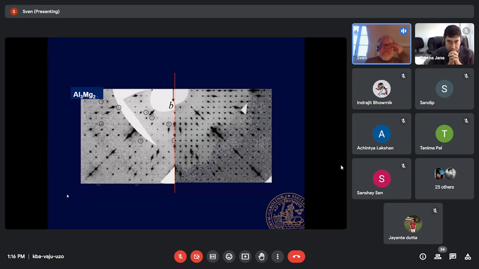And you see how all the extinction conditions corresponding to a d-glide, which would give you a sort of diamond-like pattern, if you can see my pointer, it's this sort of pattern. Now, of course, here that sort of pattern is replaced by something where also the middle dot is present, and so it's clearly primitive. In fact, it's not even cubic, it's rhombohedral, and you can solve the structure.